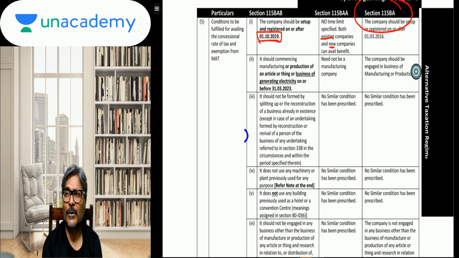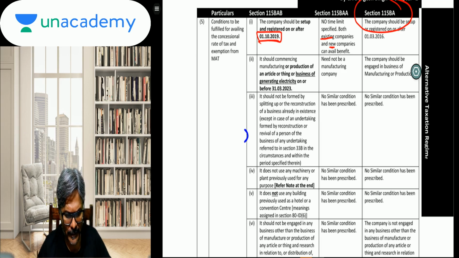Students, if you can recall, I had a similar discussion with you in section 35AD. So here also we shall say that because of the split up of the existing business, the company cannot take the benefit of 115BAA.